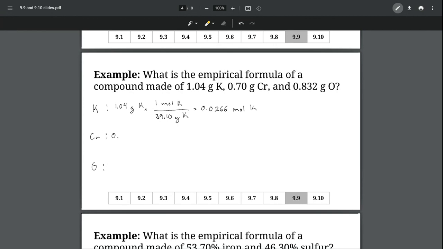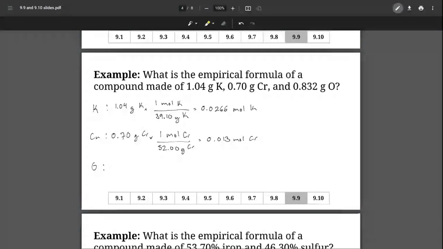We're given 0.70 to start off with. Have to get to 1 mole. According to the periodic table, there are 52 grams in a mole, which divides out to be 0.013 moles.